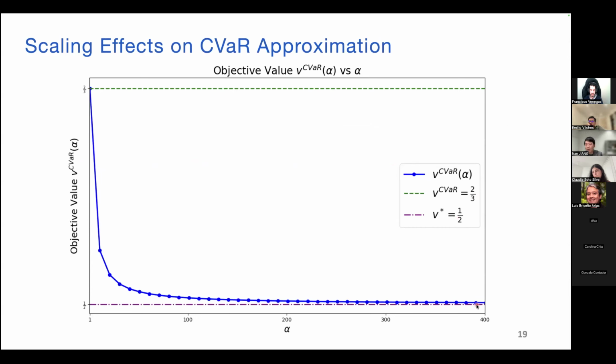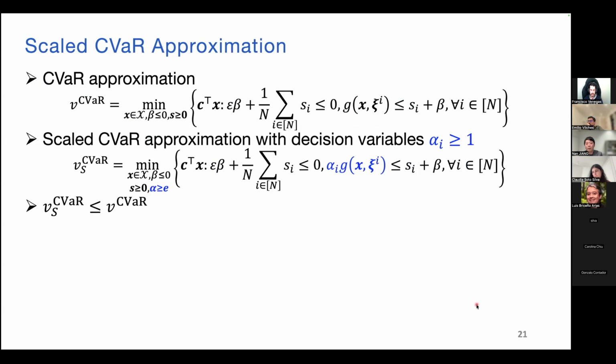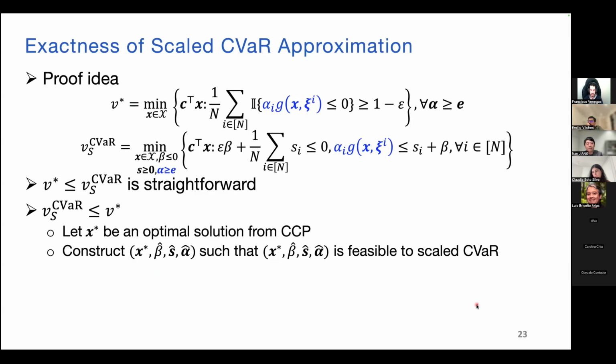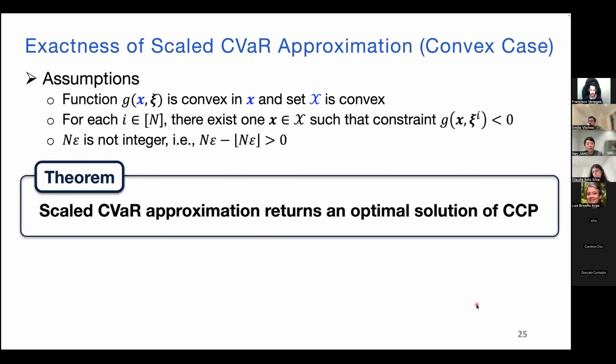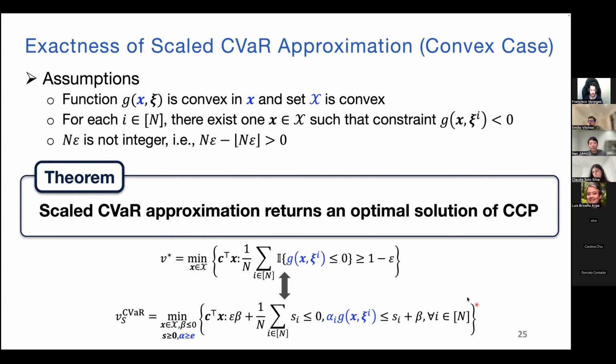So that's why we take the limit for the convex case. So in the convex sense, these two problems are still equivalent.